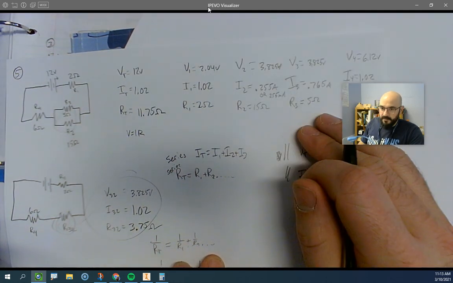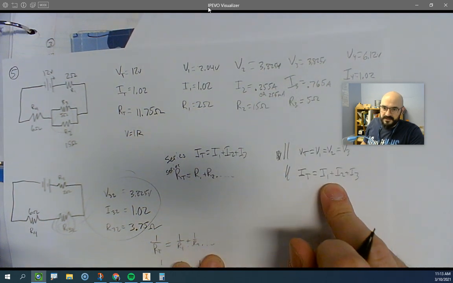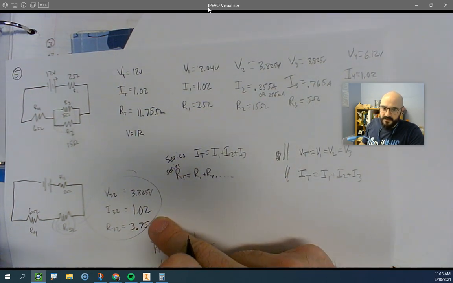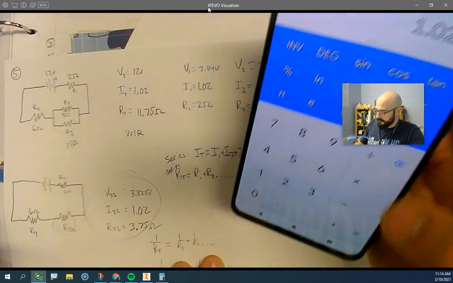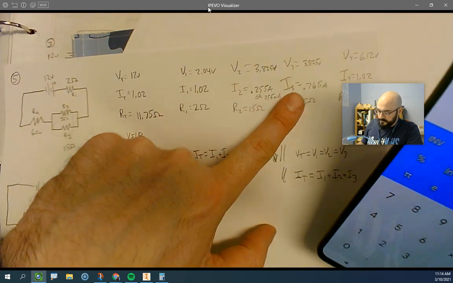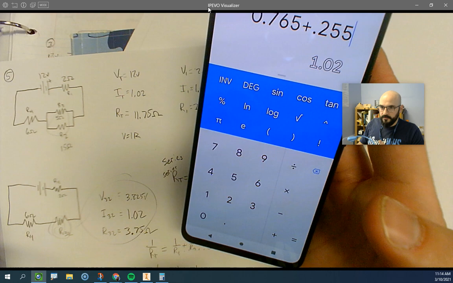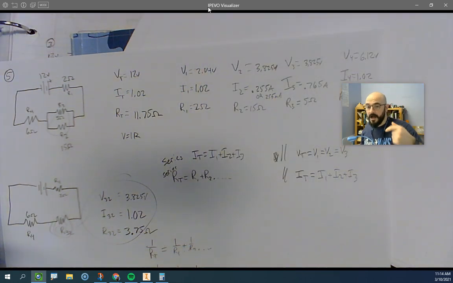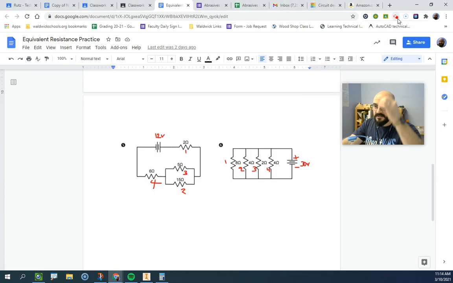And just to check my math, when I add these 2 together, according to this, I should end up with this. 0.765 plus 0.255 is 1.02. Math checks out. I know what my circuit has in it. Final frontier is next video.